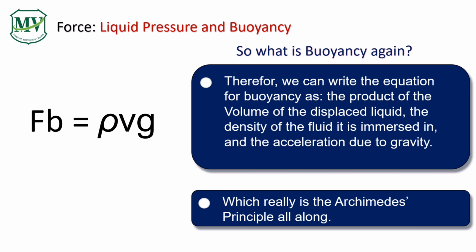We can write the equation for buoyancy as the product of the volume of the displaced liquid, the density of the fluid it is immersed in, and the acceleration due to gravity, which really is the Archimedes principle all along.